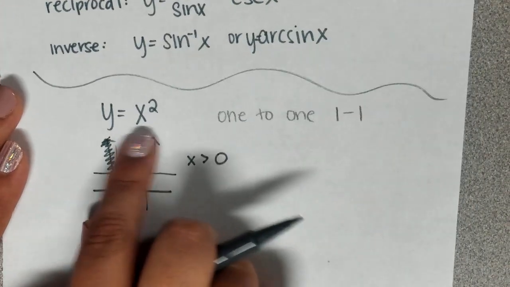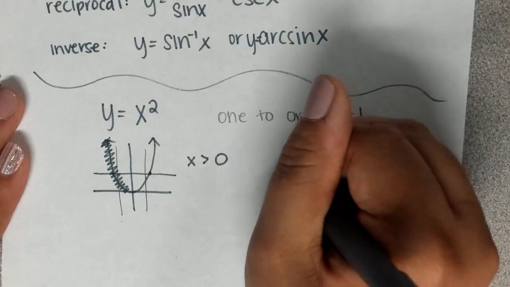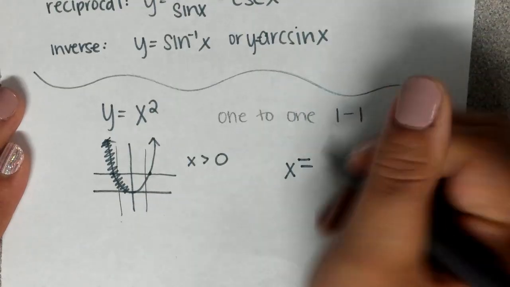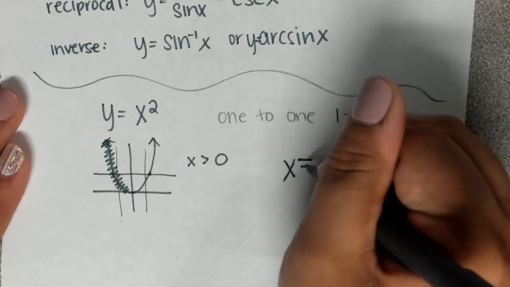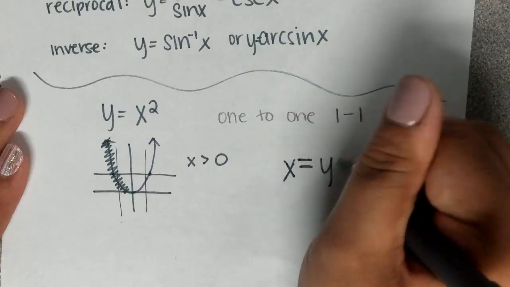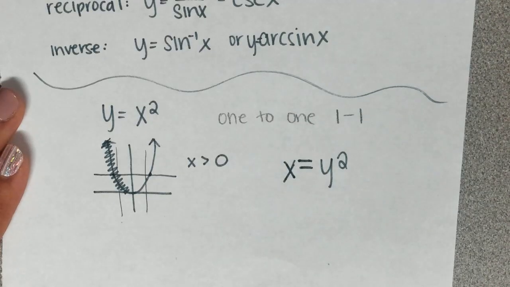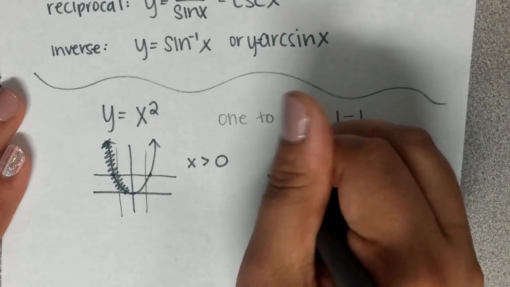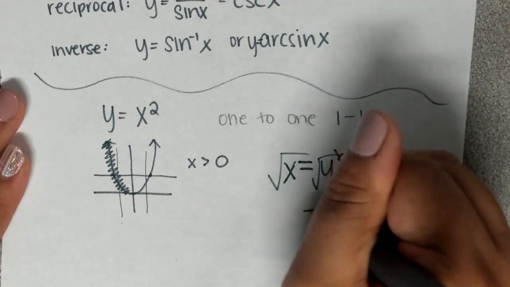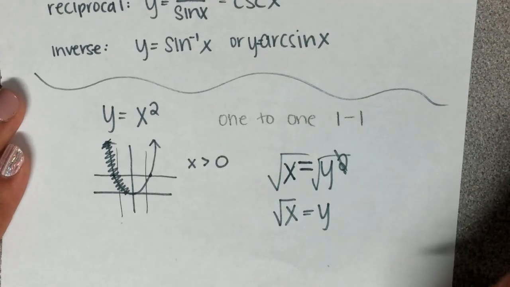Right? And then y'all were saying earlier, inverse means to switch the x and y. Can I make x equal y squared? How do I get y by itself? Square root. And that's going to give me y equals the square root of x.